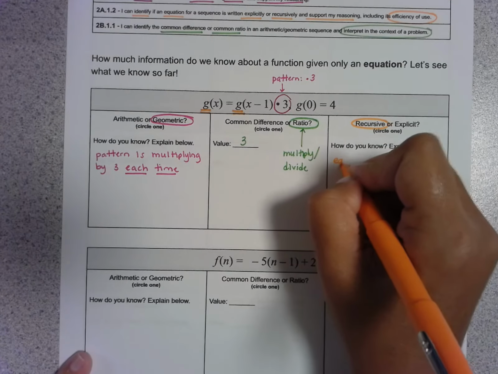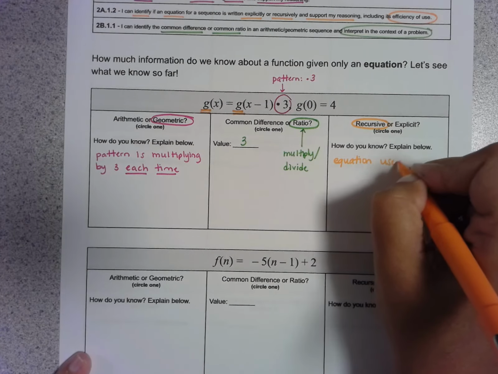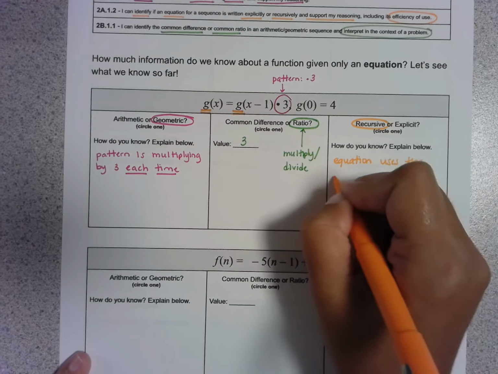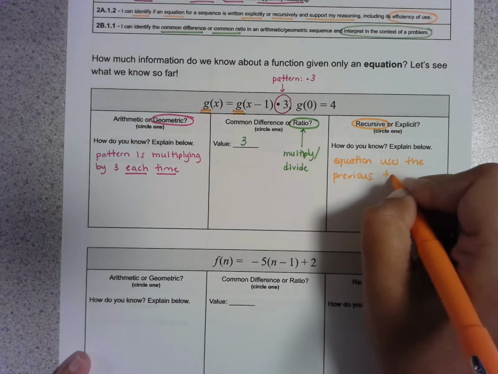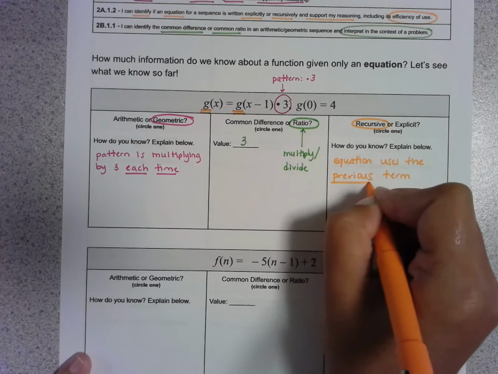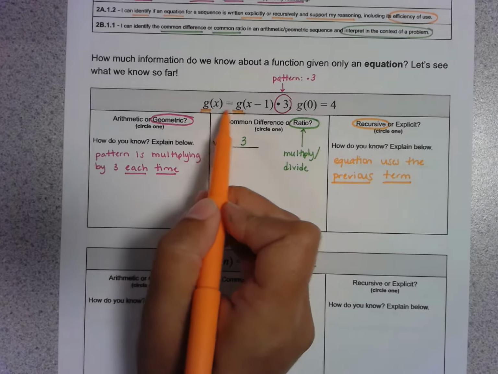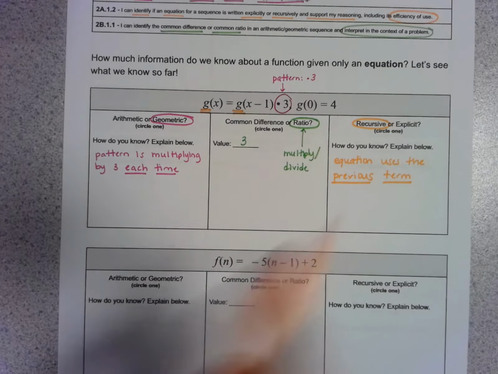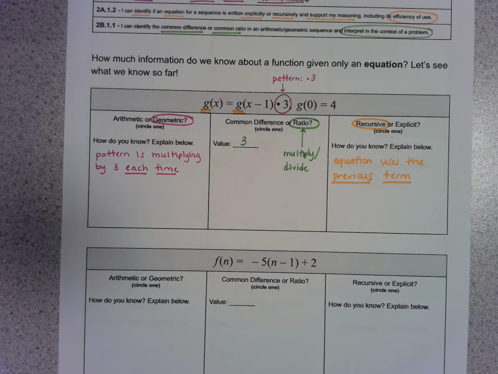Because the equation uses the previous term. Remember when we talked about writing recursive equations, we said g of x is the current term and g of x minus 1 is the previous term. So because the equation uses the previous term, we must have a recursive equation.